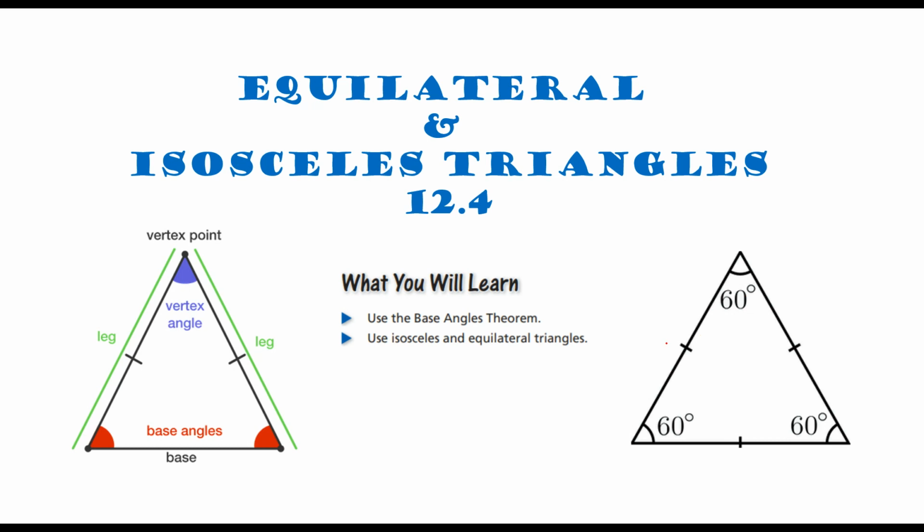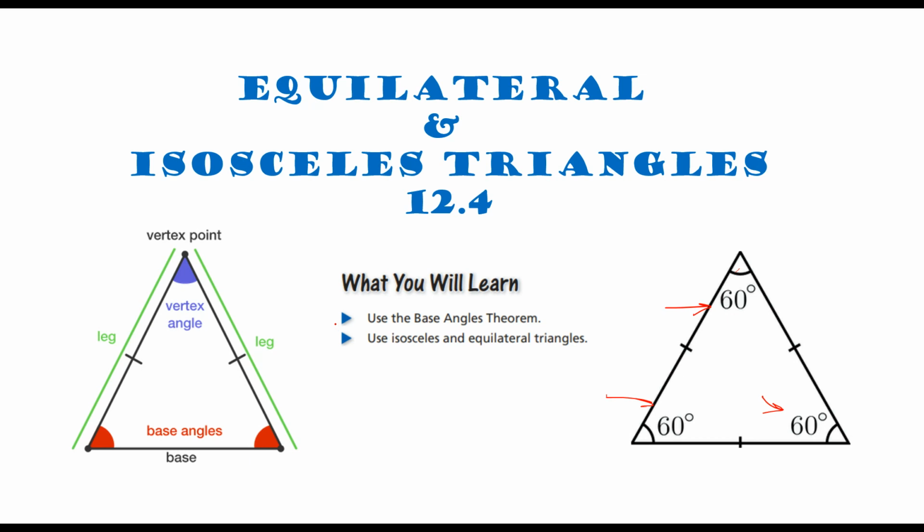An equilateral triangle would be marked like this, and whenever you've got an equilateral triangle, all three angles are 60 degrees. They have to be, because it has to be 180 degrees in total, and all three are the same because these side lengths are the same, so the angles have to be the same.